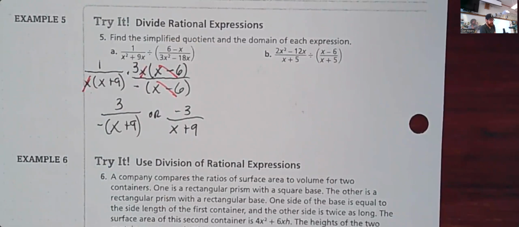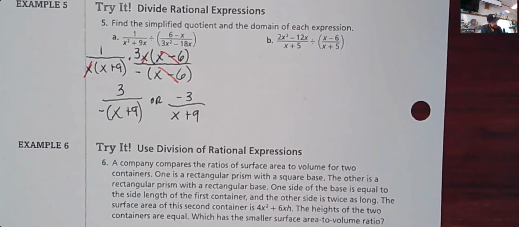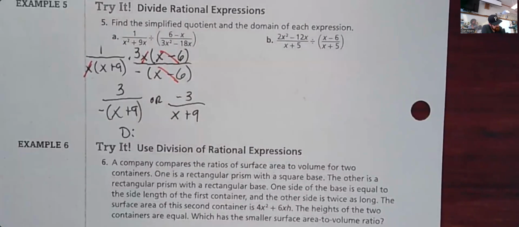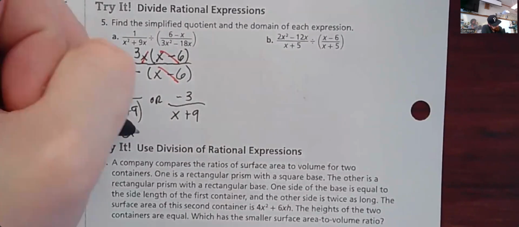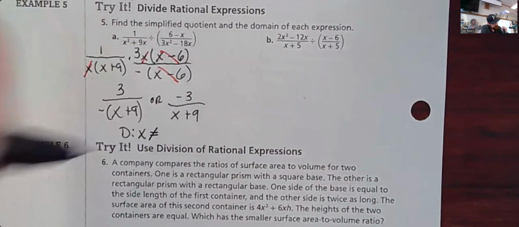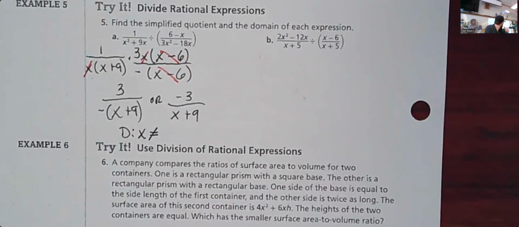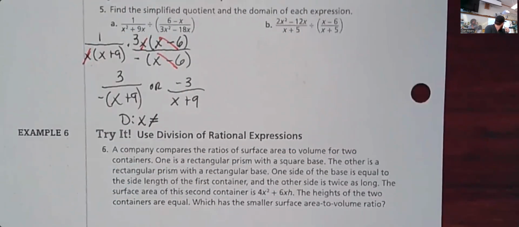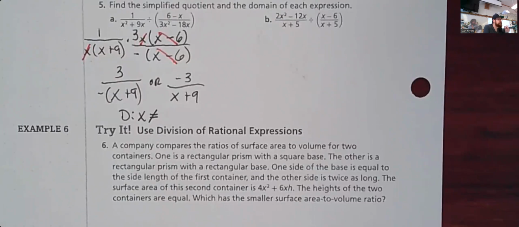What's our domain here? What can x not equal? Where is x off limits?